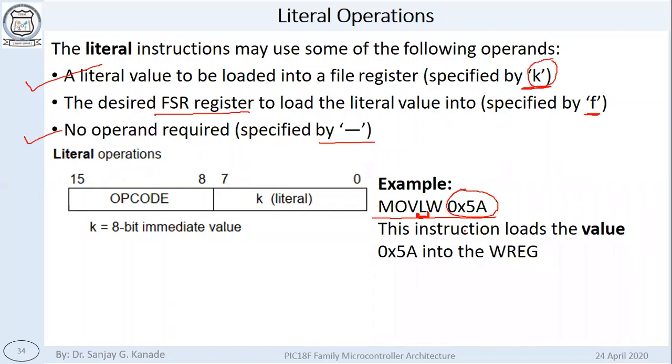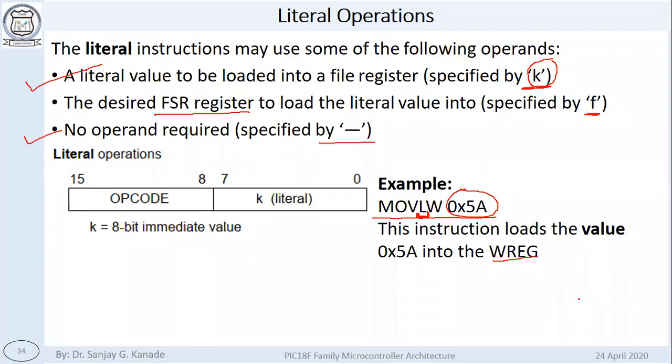So this instruction will load or copy or move this value 0x5A, that is 5A hexadecimal number, to WREG. WREG means working register. Now you might have noticed the sequence of the operands.